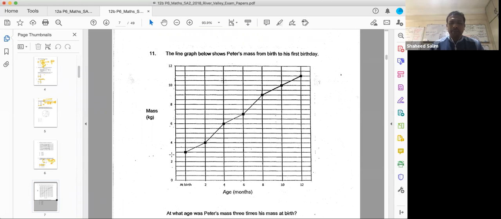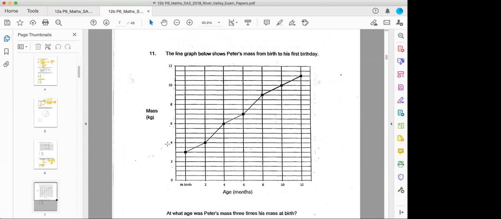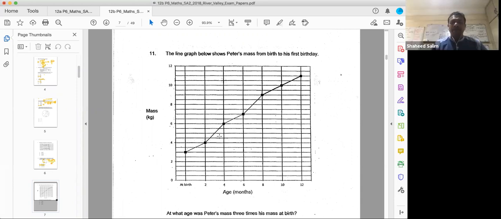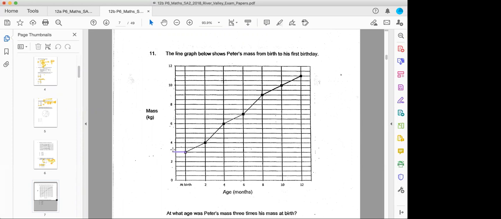This is 4. He's in between 2 and 4, right in the middle, so you know it's 3. 3 kg. So when was he 3 times his birth weight? 3 times is how many? 3 times of 3.